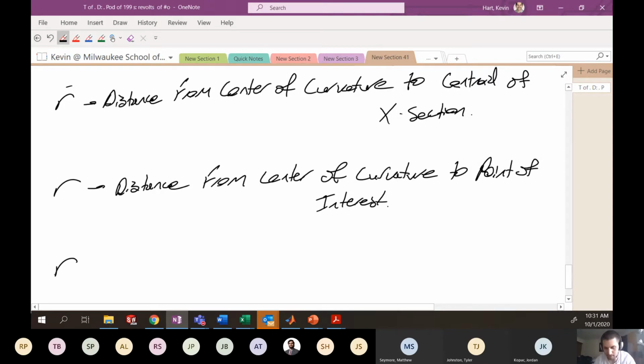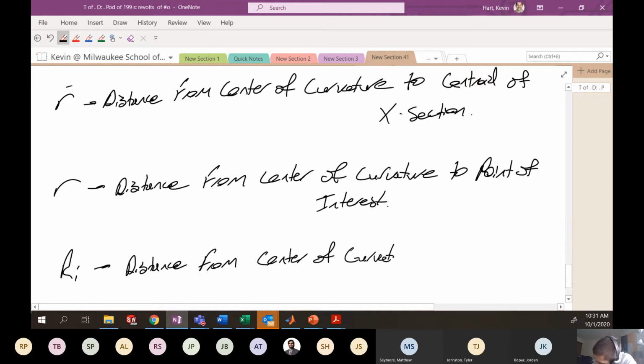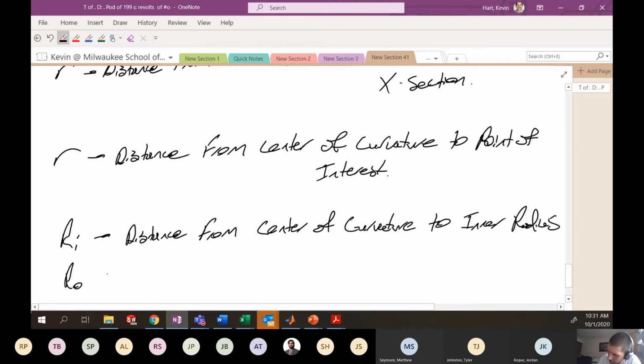Capital R I is the distance from the center of curvature to the inner radius. R O, similar idea, from the center of curvature to the outer radius. I think that's pretty intuitive.